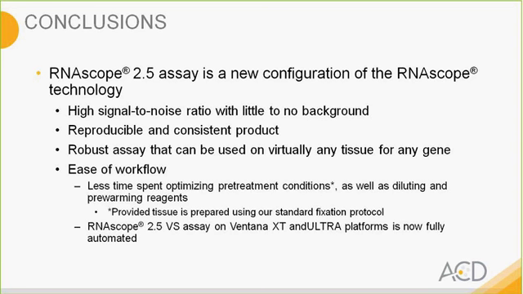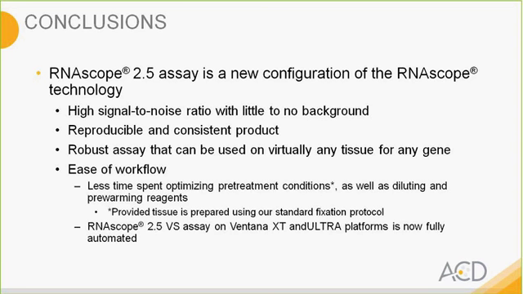Overall, what we've shown here is that we have an RNAscope 2.5 assay, the new configuration of the current RNAscope technology. We demonstrate with this product high signal-to-noise ratio with little to no background. We also have a reproducible and consistent product, and it's a robust assay that can be used on virtually any tissue for any gene. Lastly, there's also an ease of workflow with our protocol.